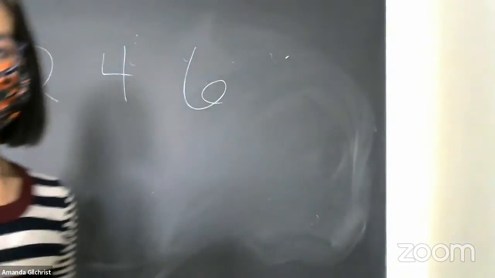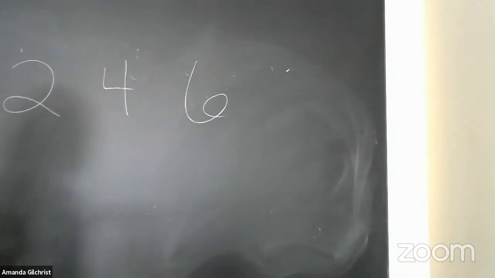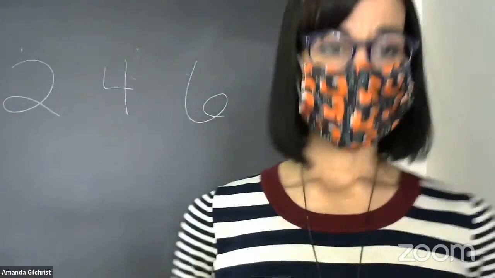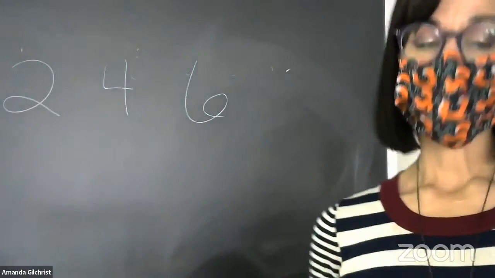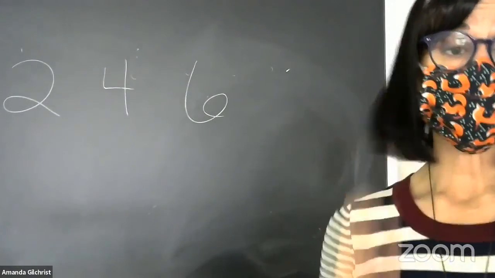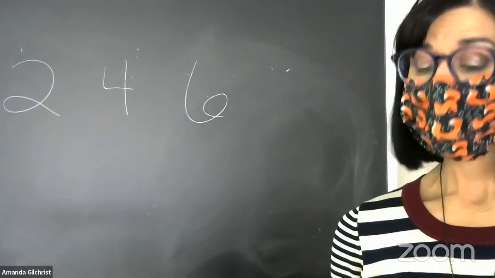For those who cannot see, I moved the camera a little bit. There we go. So our sequence of digits is 2, 4, 6. Now generate a sequence. I will tell you if it fits the rule. And if you think you know what the rule is, type it in the chat.